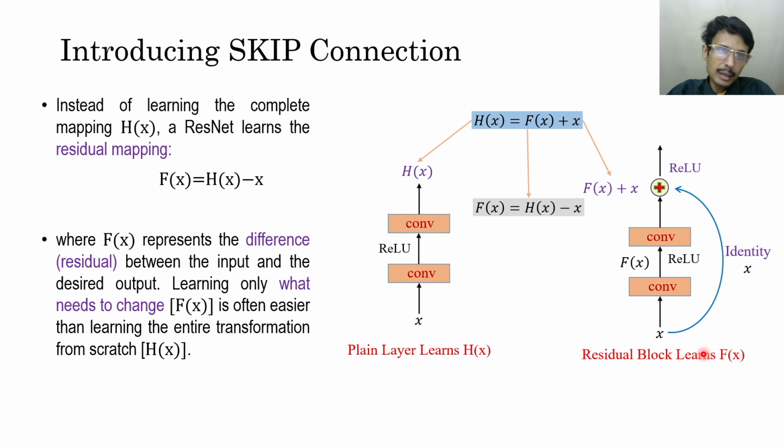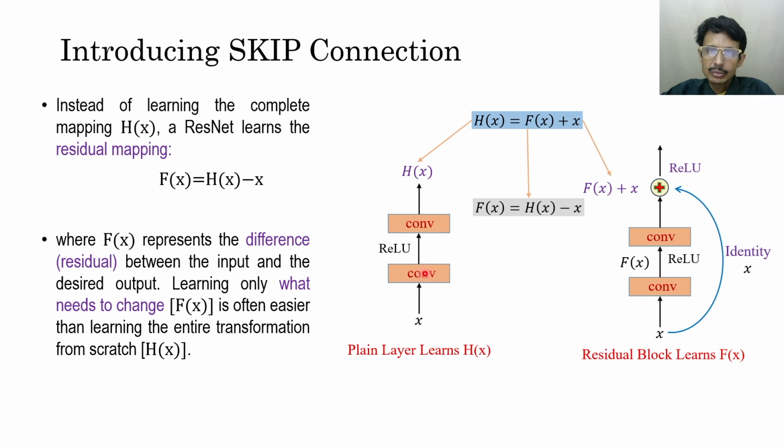Now, here we're going to understand what we mean by skip connection. We can see here the plain network, the normal CNN module. X is the input going to a convolution layer, then ReLU or some non-linearity is attached here, and then another convolution layer, and I get Hx.